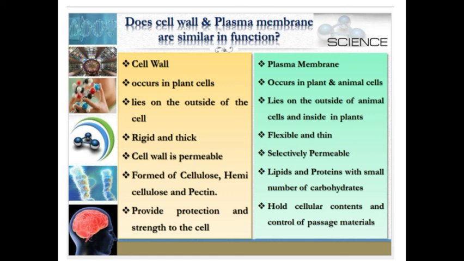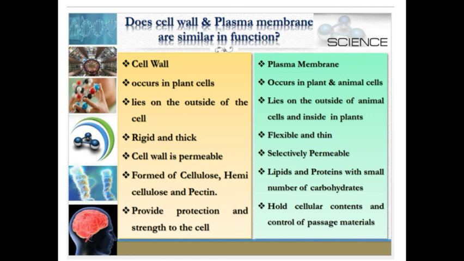Because of this flexibility, there is transport of molecules inside and outside. The cell wall is freely permeable, while the plasma membrane is selectively permeable, so that solutes and solvents can pass in and out of the membrane. The cell wall is formed of cellulose, hemicellulose and pectin.